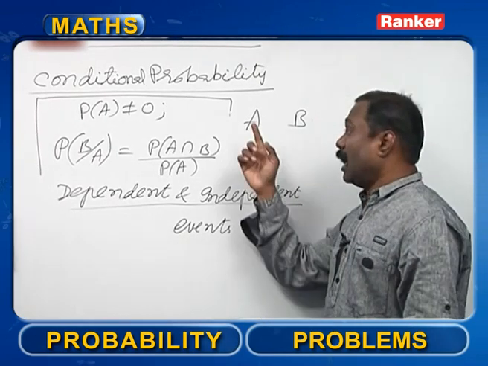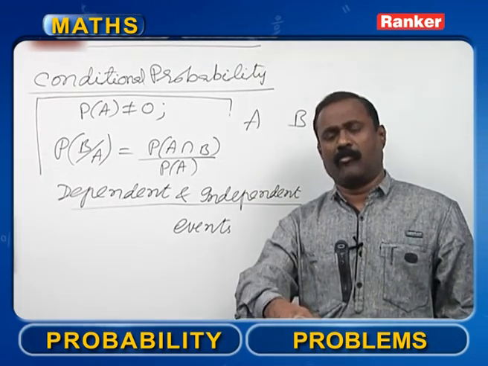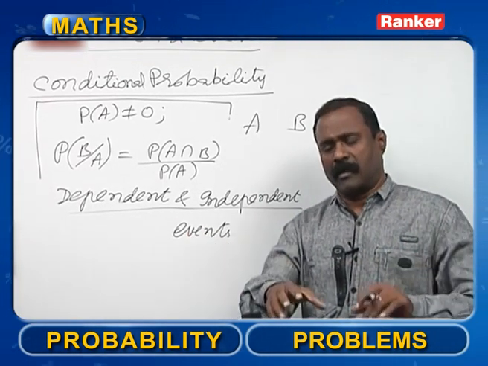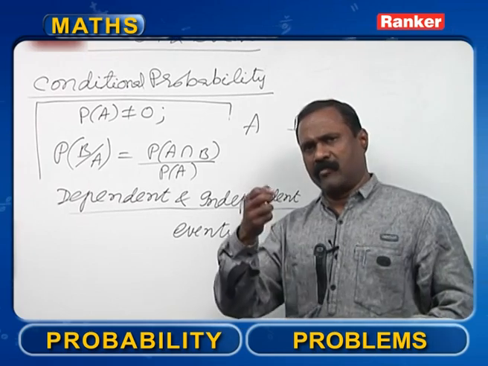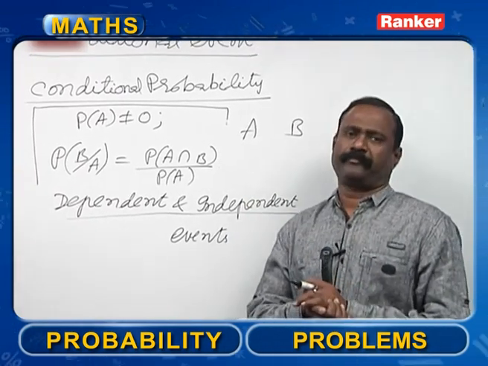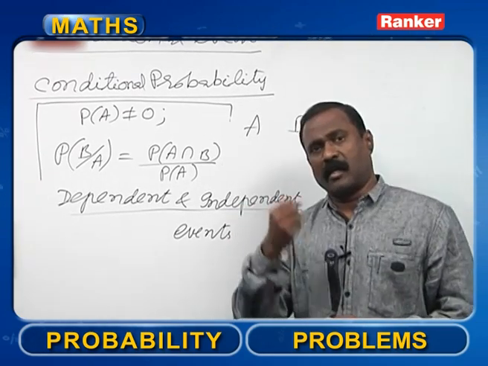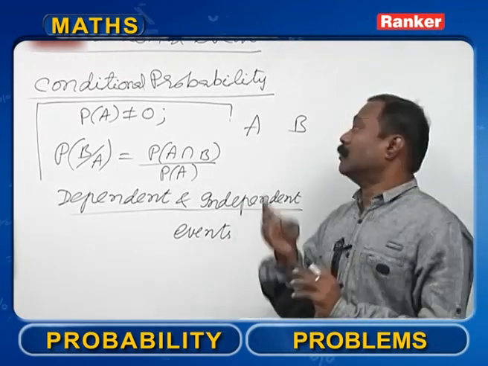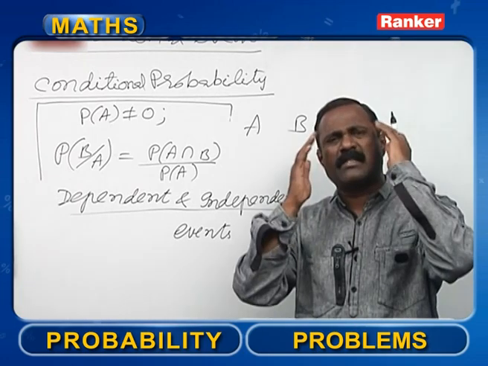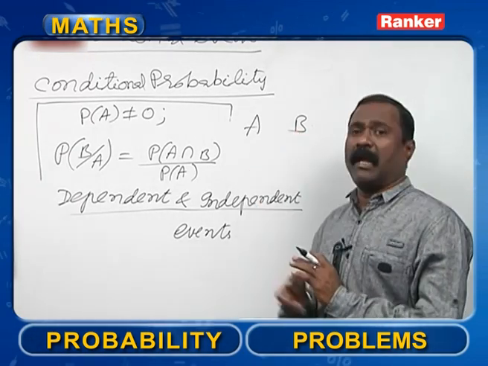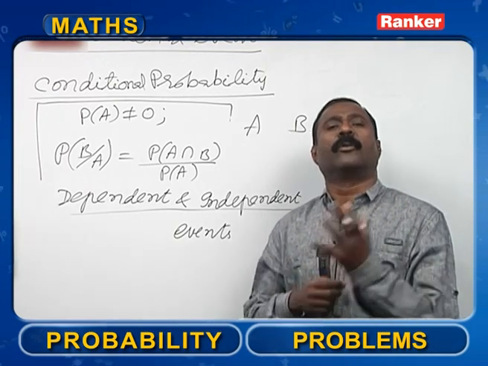A is the first event, where we have drawn a ball. How many balls are there totally? 17 balls. From the bag I took one ball, saw its color, replaced it. And the second time I drew another ball, saw its color, and replaced it. Then are they dependent or independent events? Common sense. If B were dependent on A, then the total number of balls must change.